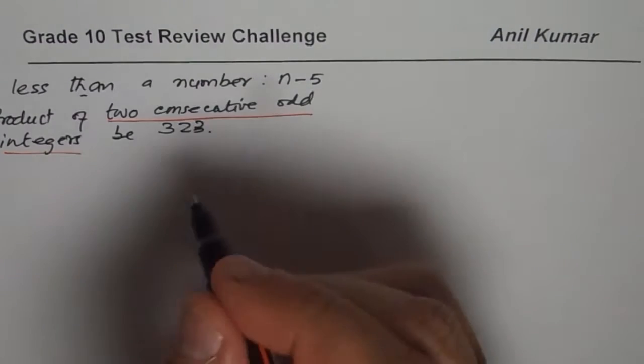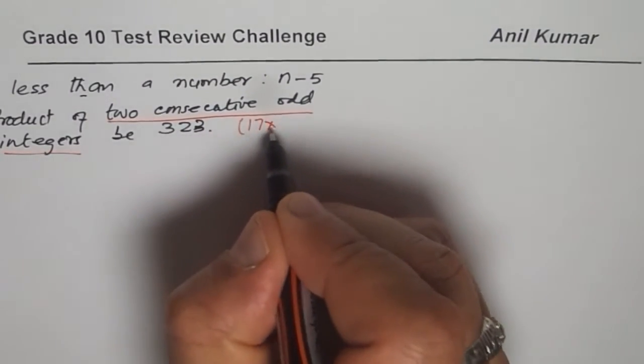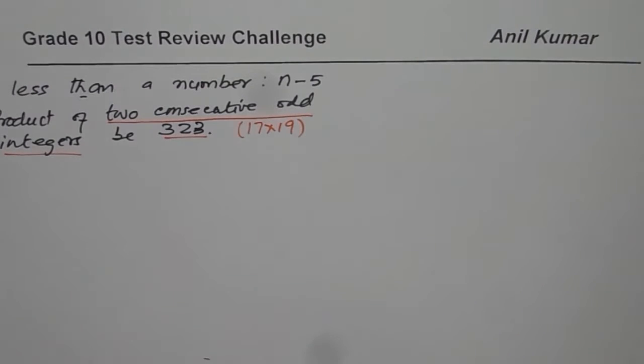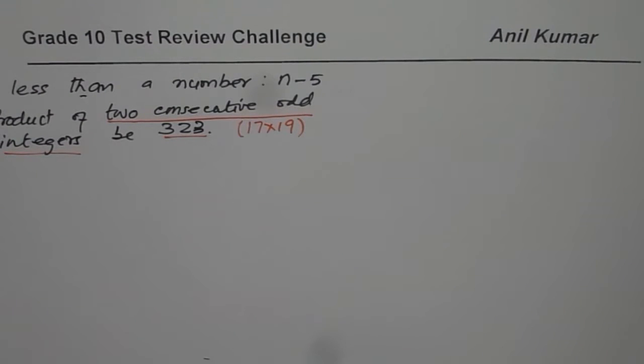Okay, so try it out. If you do 17 times 19, do you get the result? So at times, if you get such a question in a multiple choice question, these small tricks can help you get the answer quickly. That's the whole idea about this challenge series, and I hope you're learning and also appreciating.